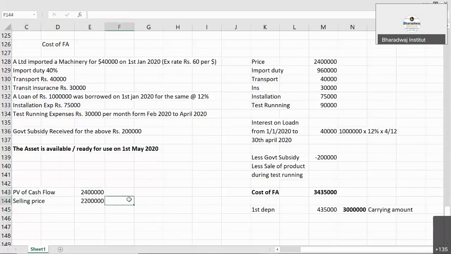So the present value of cash flow is 24 lakhs, but I'm showing the asset at the end of the first year at 30 lakhs. So here impairment loss is 6 lakhs. Otherwise, impairment loss arises when there is a negative impact on cash flow of the asset in the future. Okay? Okay, sir. Thank you.